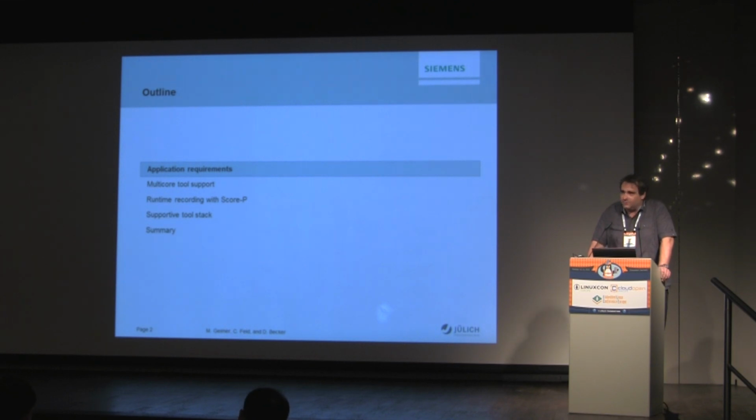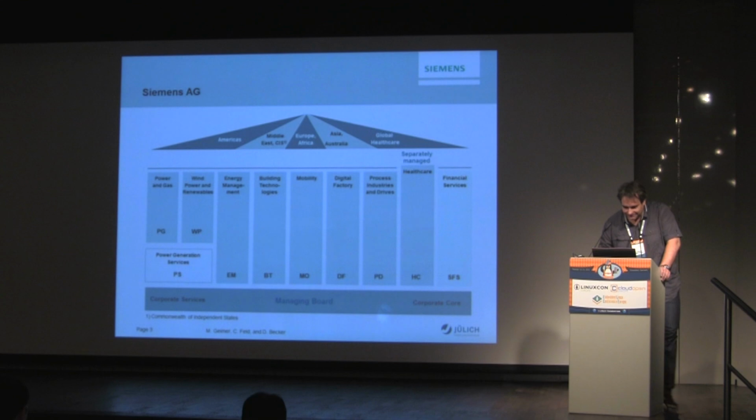After that, we will review what tool support is needed for that before we go into the details of the tracing system we use, which we call the profiling and tracing system Score-P. As this, or its predecessors, has existed for a pretty long time, there is already a quite impressive supportive tool stack, and we will review this as well. Of course, we will conclude this talk at the end.